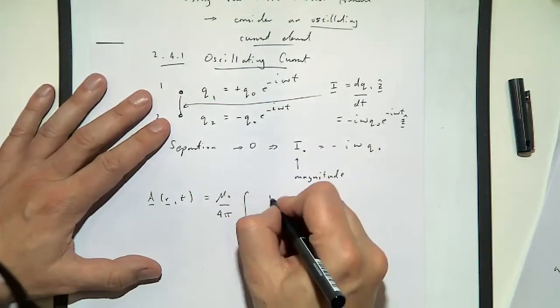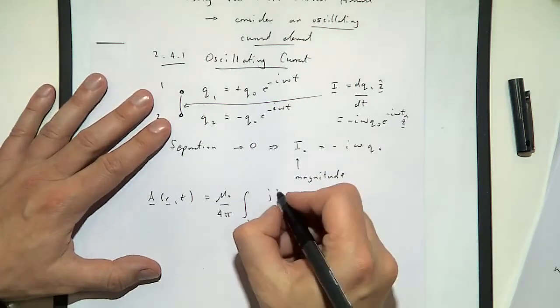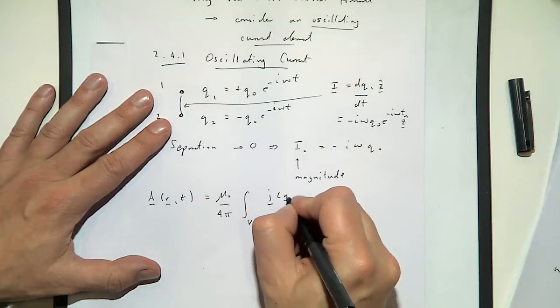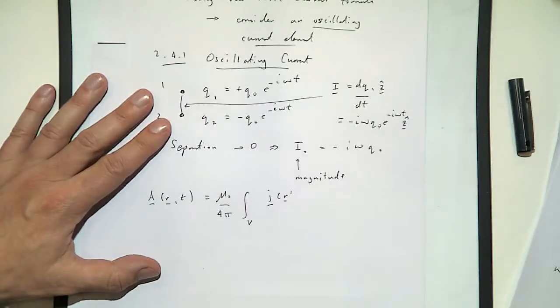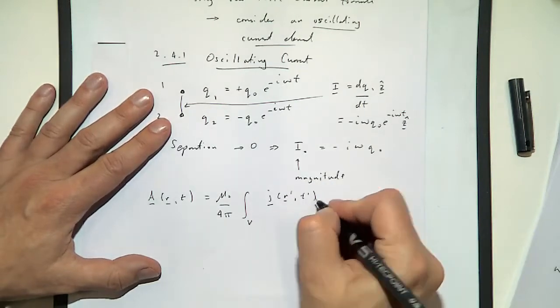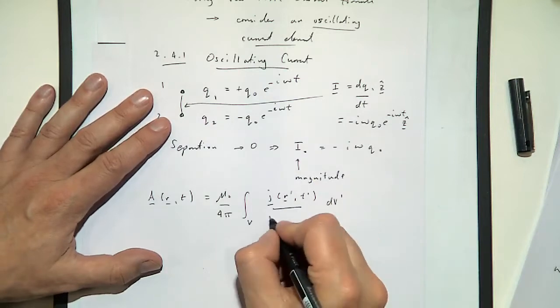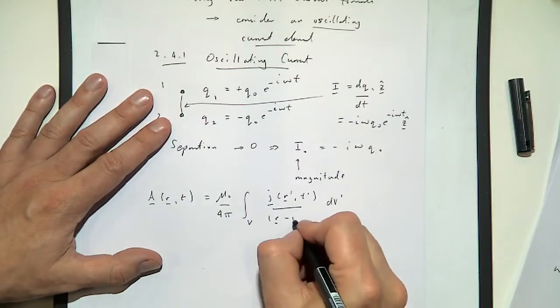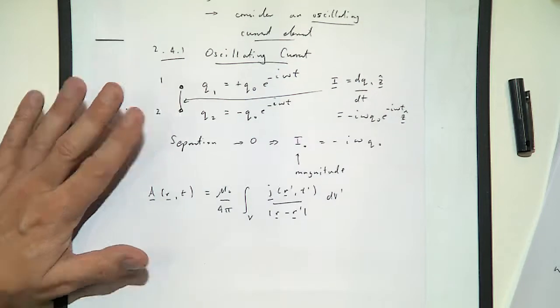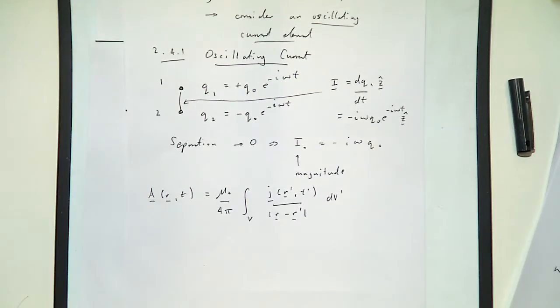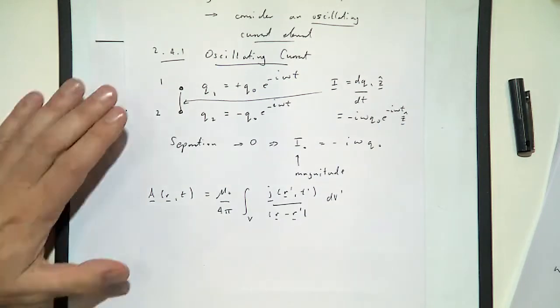We have a current density, which is present at some location r primed at some time t primed. I just add up over all the volumes where it's present. And the magnetic vector potential is inversely proportional to the distance of observation, to whatever's going on in those moving currents.